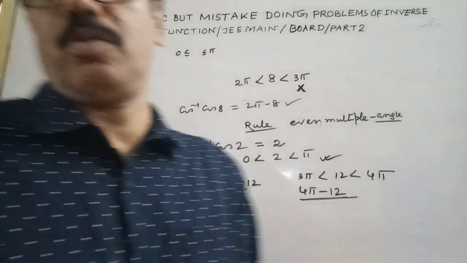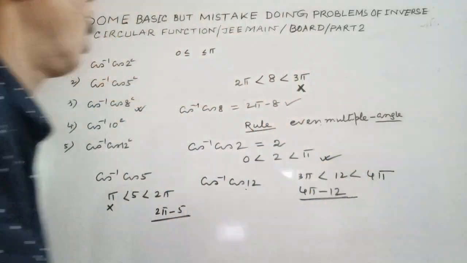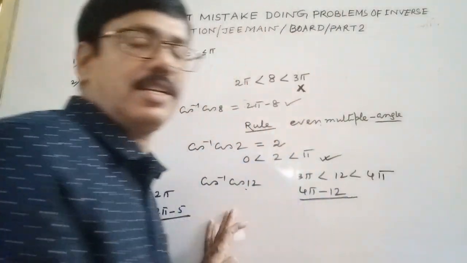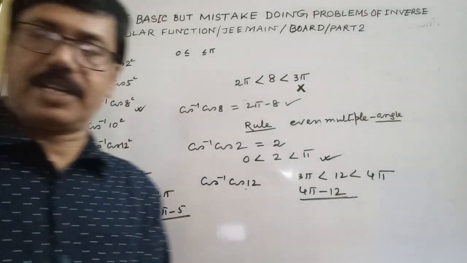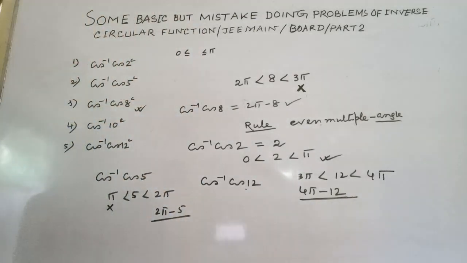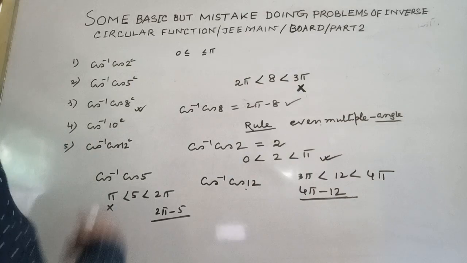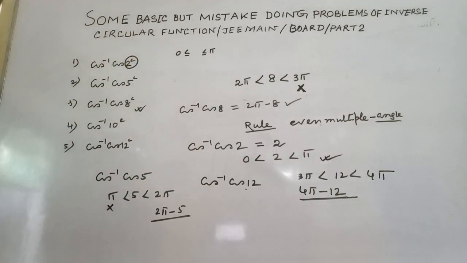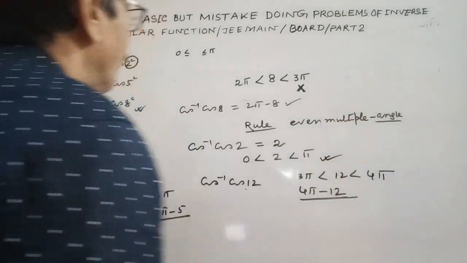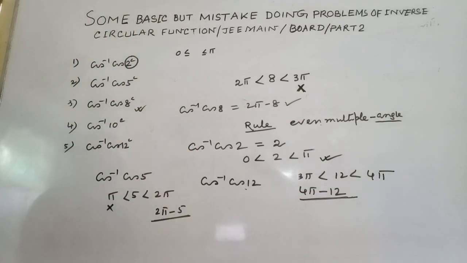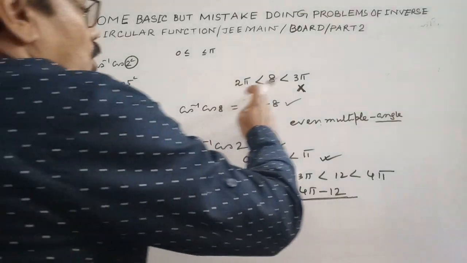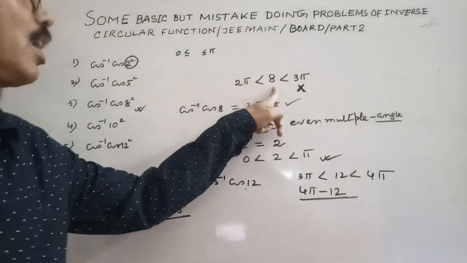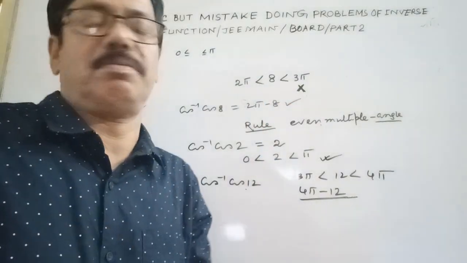So look at the shortcut for cosine. This is very simple. I am discussing it, that is why it is taking time. Now the rule is: express this angle in terms of pi. This angle must lie in the principal value interval.